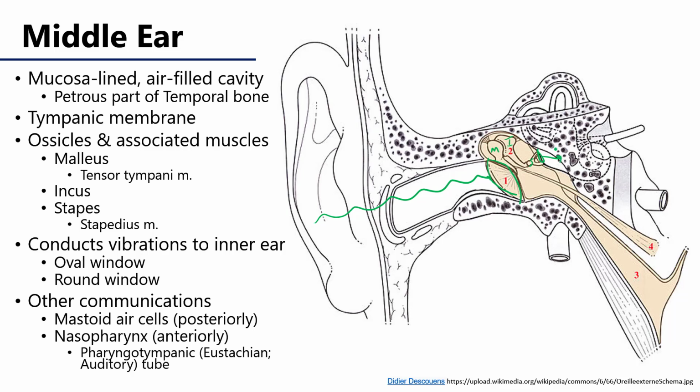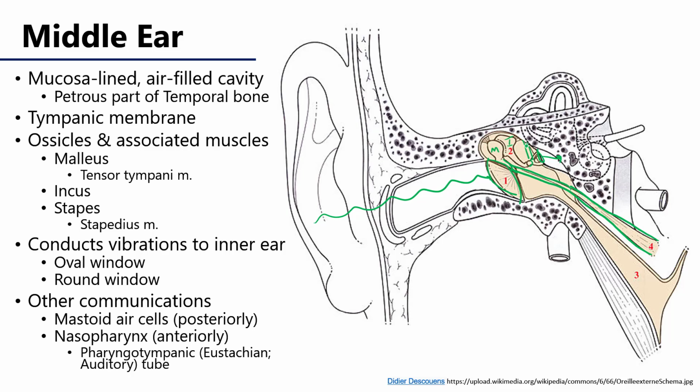Those ossicles have associated skeletal muscles. So in the case of the manubrium of the malleus, there is a muscle, I'll outline it here. There's the muscle called the tensor tympani. And then there is another muscle associated with the neck of the stapes there called the stapedius.